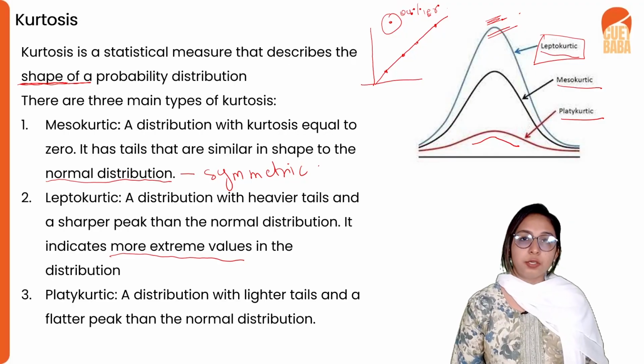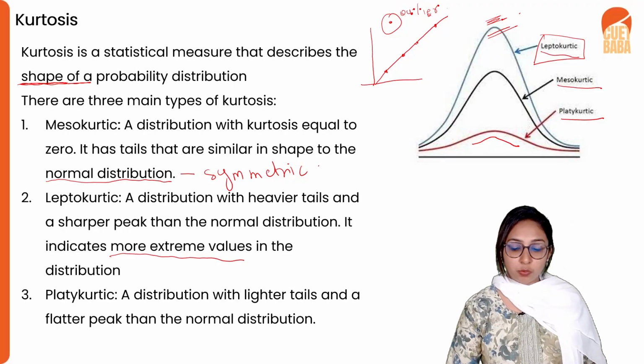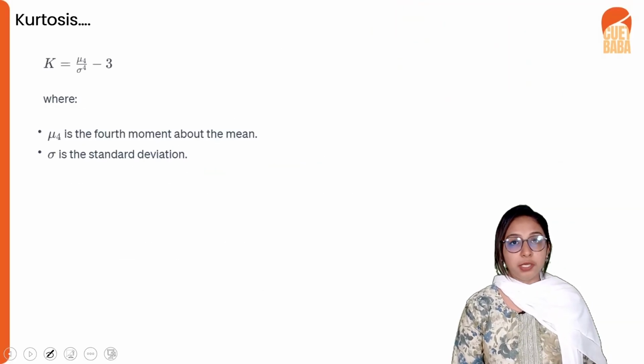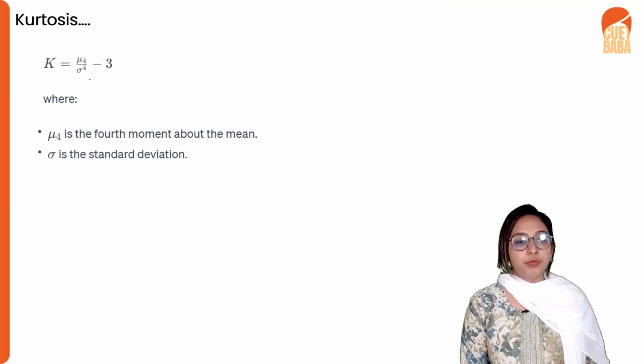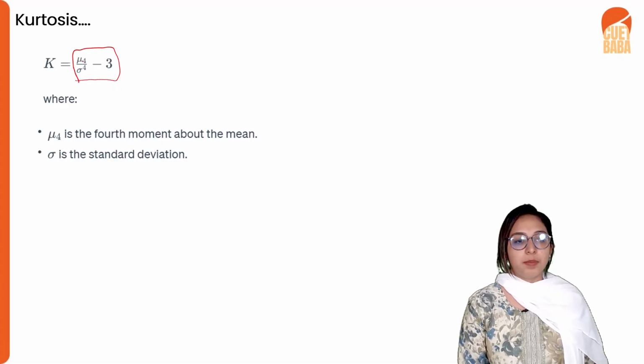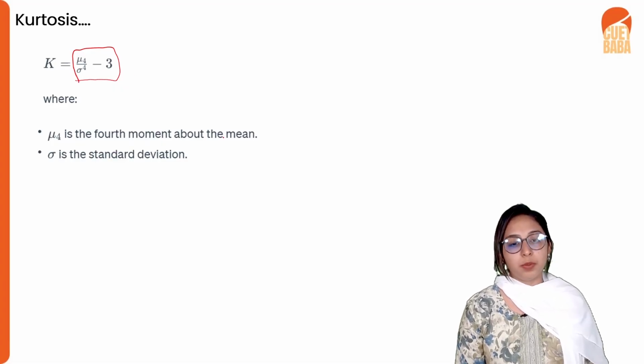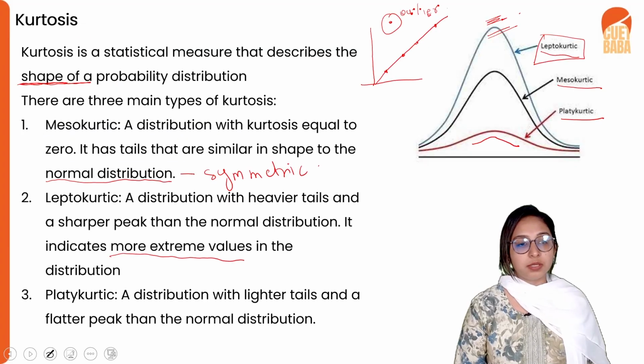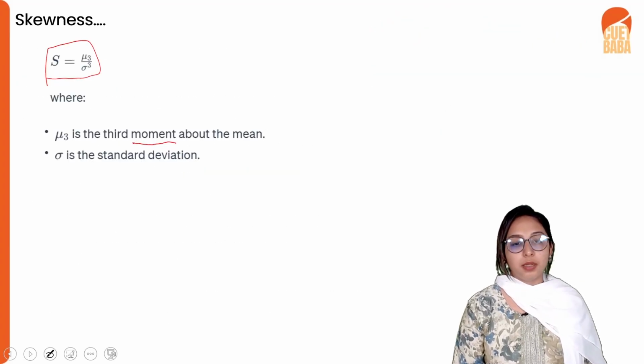Now, similar to skewness, there is an equation to find kurtosis. The value of kurtosis is mu4 / sigma^4 - 3. Mu4 is the fourth moment about the mean. For skewness, it was the third moment about the mean.